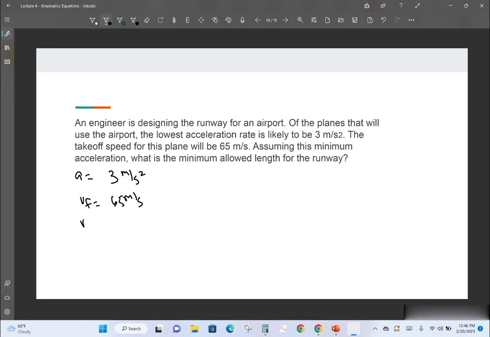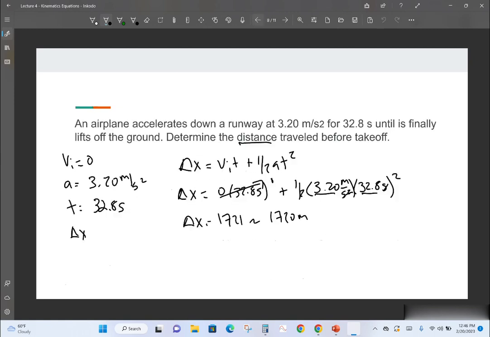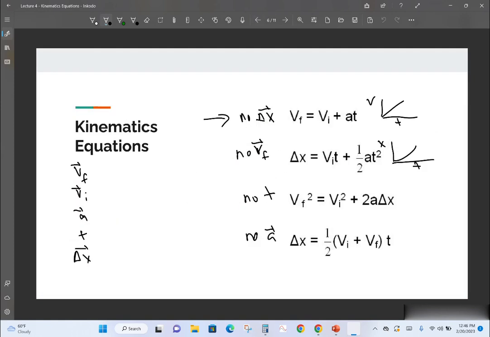So we can assume that it's going to start from rest. What is the minimum length allowed for this? So we're looking for delta x. What we don't have is time. So we're going to need an equation with no time.